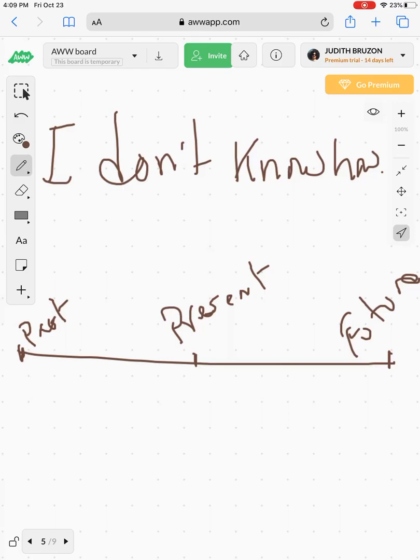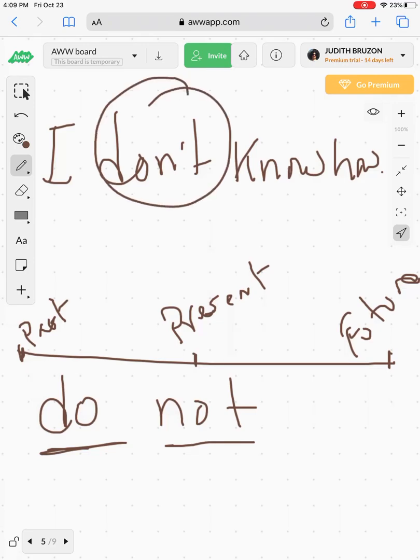Okay, so another question that you might have is, how do I know it is a negative statement? Now remember, negative statements or negative sentences are typically formed by adding the word not after a helping verb. So this is a helping verb, okay? And I add the word not right after it.